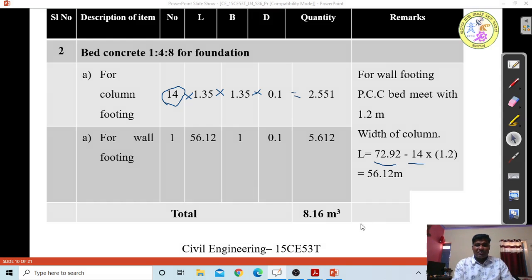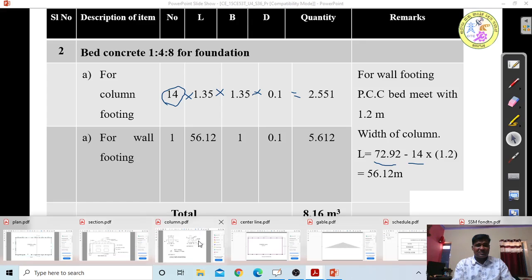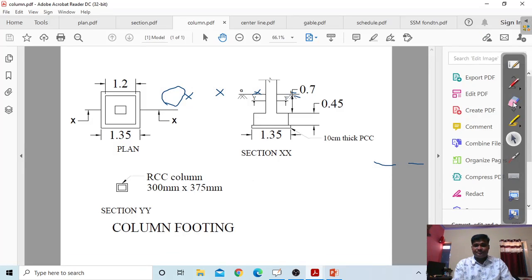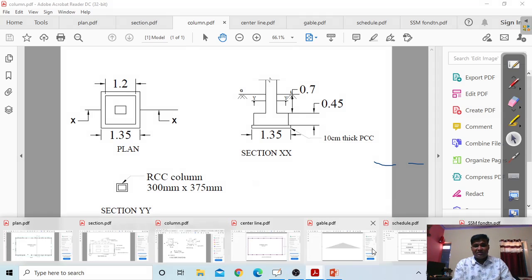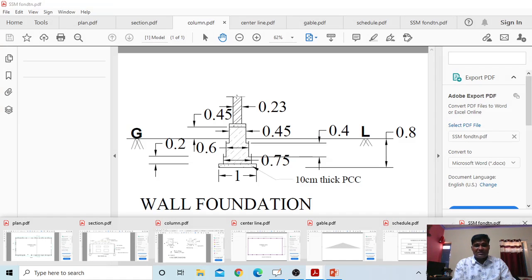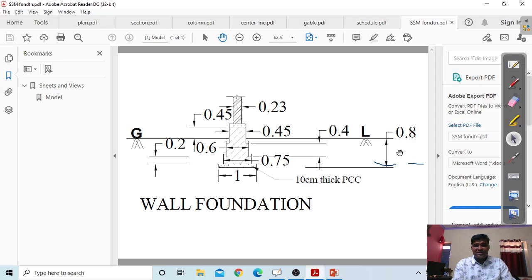Then I am going to the section. In this section, I have to consider the width at 0.8 meters. See, as I told you here, size stone masonry depth is 0.8 meters.